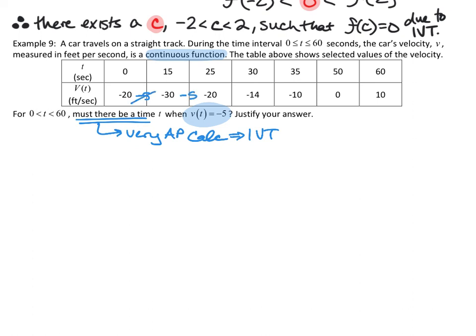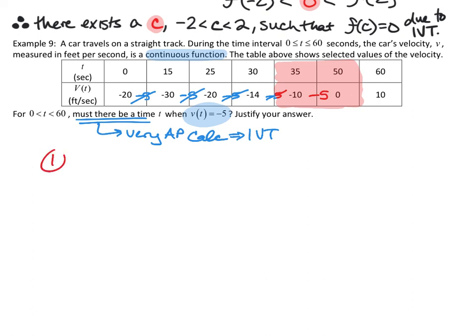No. Here? No. Not there. But to get from -10 to 0, I would have to pass through -5, and this is a continuous function. So this interval right here is going to become very important for my justification of this answer, because getting from -10 to 0, you have to pass through -5. We can justify our answers.